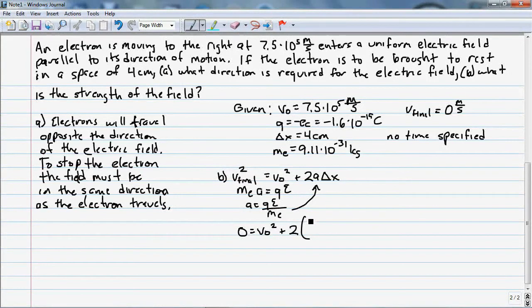Substitute in, and the electric field is what I'm interested in, so I need to solve for that. So I'm going to get E is equal to negative mass of the electron times V0 squared over 2Q times delta x.